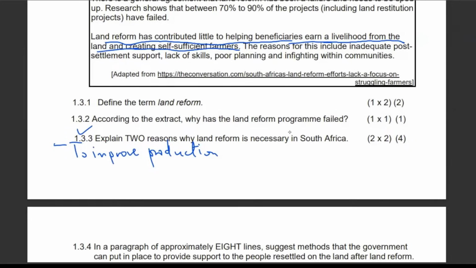We know well that if farmers are given land, they are going to utilize the land productively, and ultimately we are going to have food security in the country. So food production is going to increase, and ultimately we are going to achieve food security.